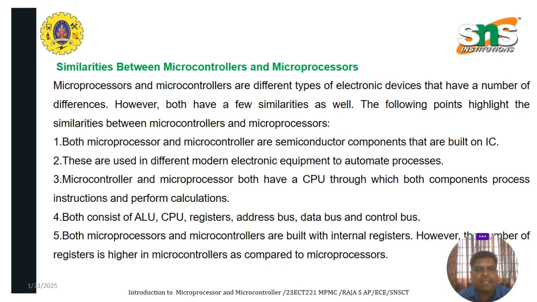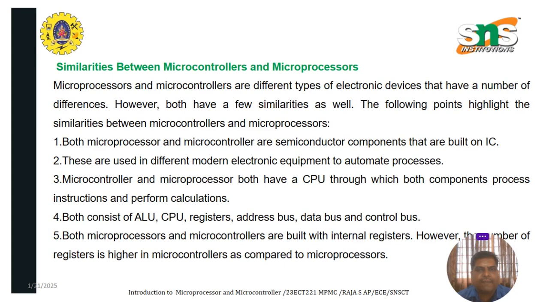Both consist of an arithmetic logic unit, central processor unit, registers, address bus, data bus, and control bus. Both microprocessors and microcontrollers are built with internal registers. However, the number of registers is higher in a microcontroller as compared to a microprocessor.